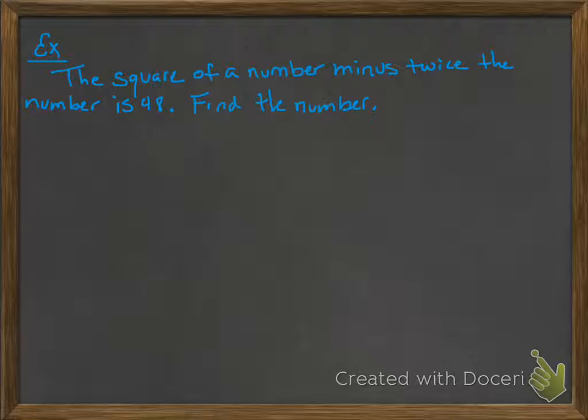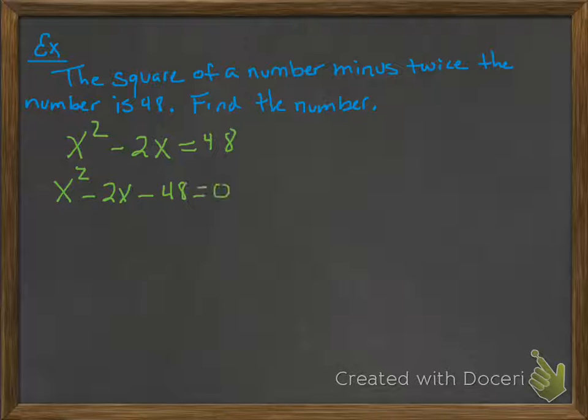The square of a number minus twice the number is 48. So the square of a number, so I'm going to take a number and square it. I know that much. And then I'm going to minus 2 times that number, so 2x is equal to 48. So from here, I can go and solve by factoring. X squared minus 2x minus 48 is equal to 0.